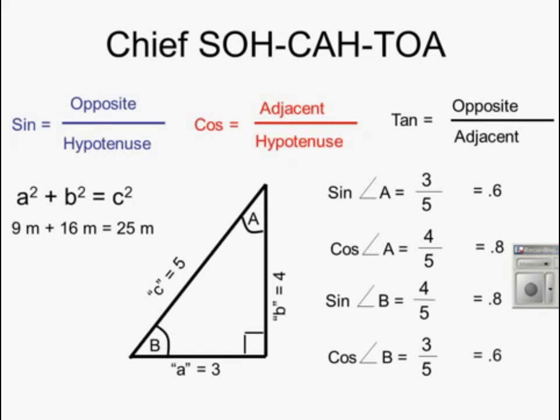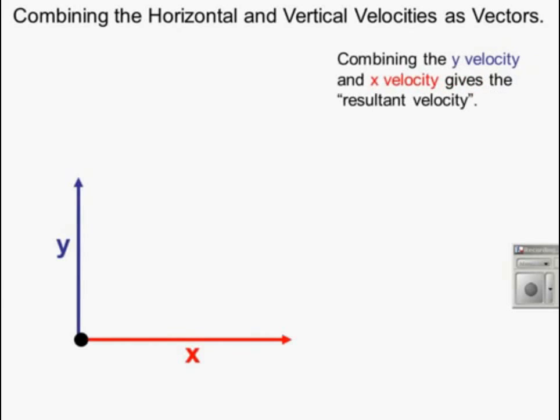So here we go. Combining horizontal and vertical velocities as vectors. If you have a ball and you give it a y velocity and an x velocity, we can combine the y velocity and x velocity to give us the resultant velocity, which I had mentioned before. But I want to make a triangle out of that.